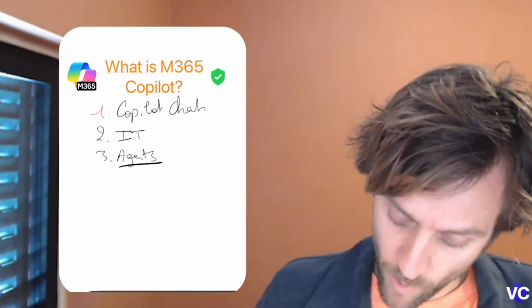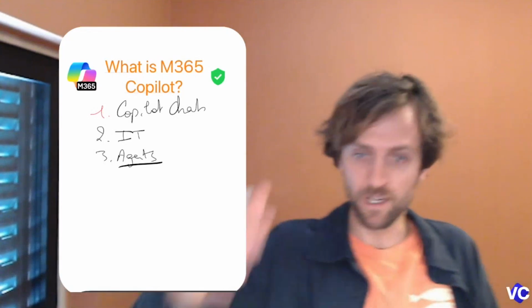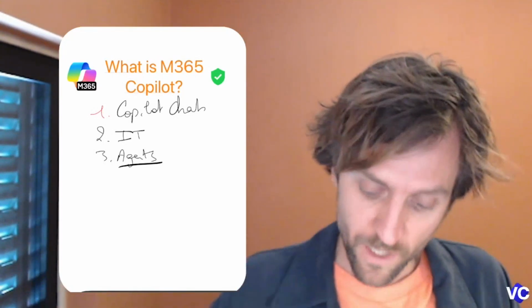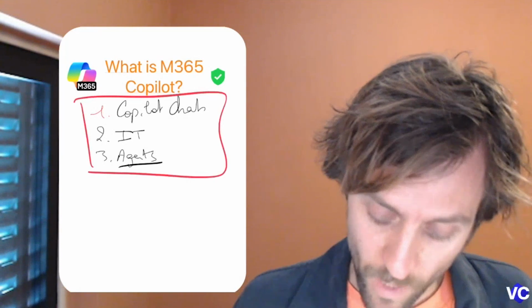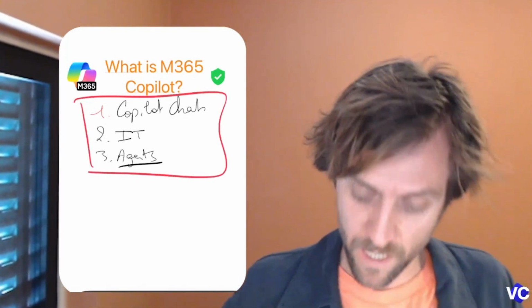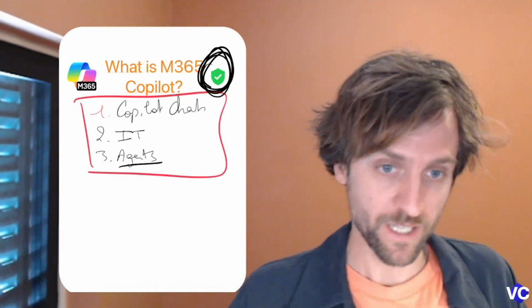Now, most importantly, if you compare it with ChatGPT, Gemini that I see here, there's also Claude, there is Grok, right? So there are a lot of other tools. The most important reason to use Microsoft 365 Copilot in a business environment is that everything is protected by enterprise data protection.